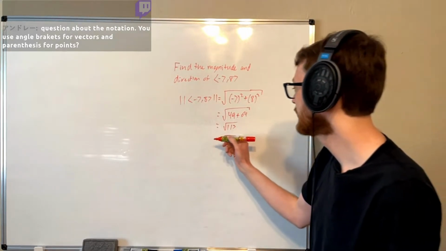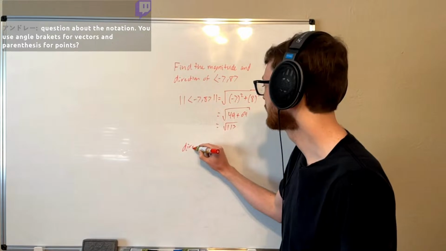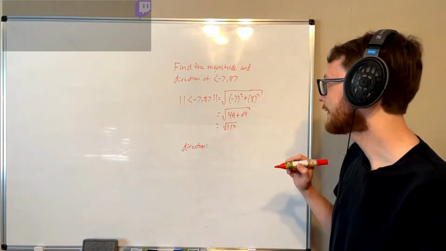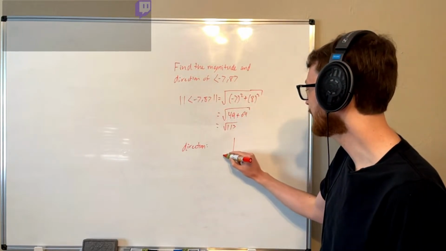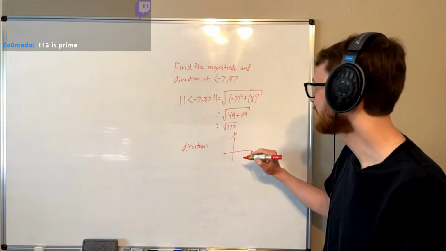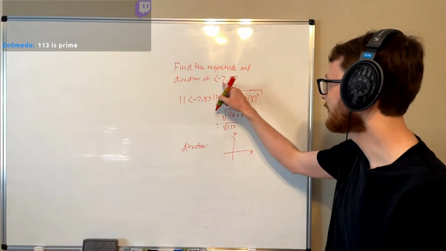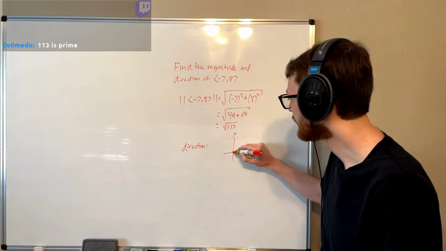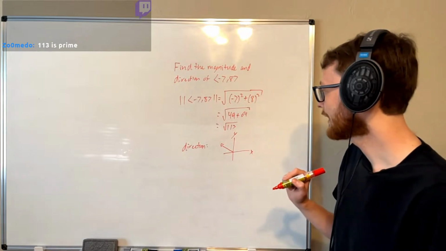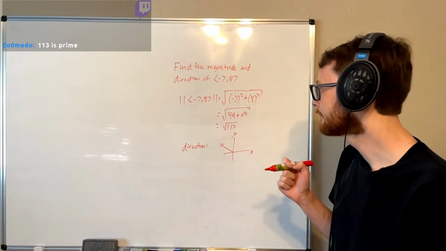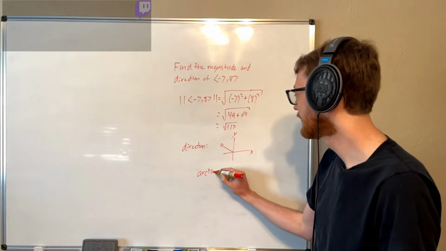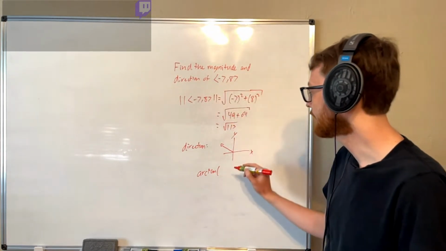The direction, you have to be a little bit careful with this. Let's first draw where the vector actually is physically. I'm not going to bother too much with a scale. I really care about what quadrant it's in. So -7 and +8 means it's somewhere kind of like that-ish in quadrant 2. And this is important because the first step to getting the direction is to do arctan of y over x.